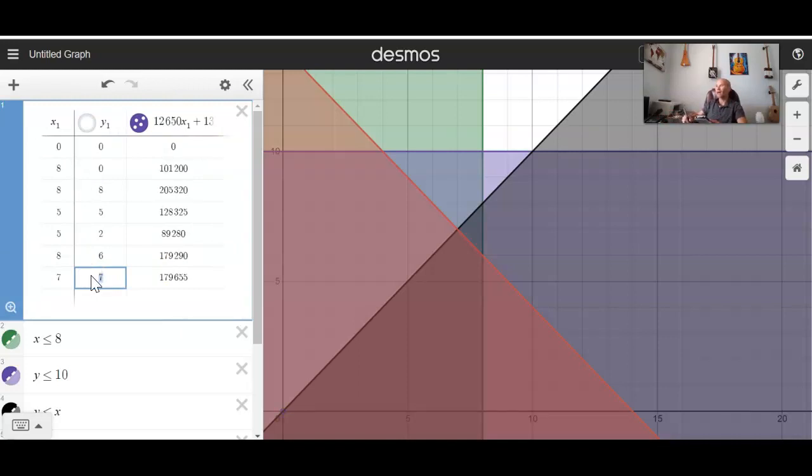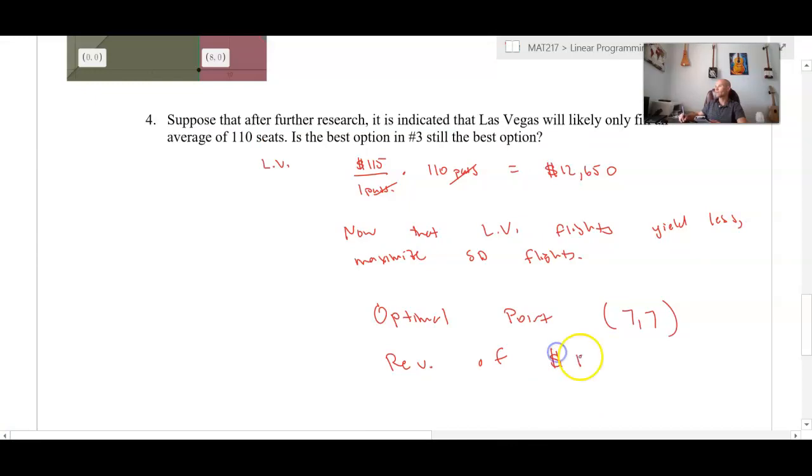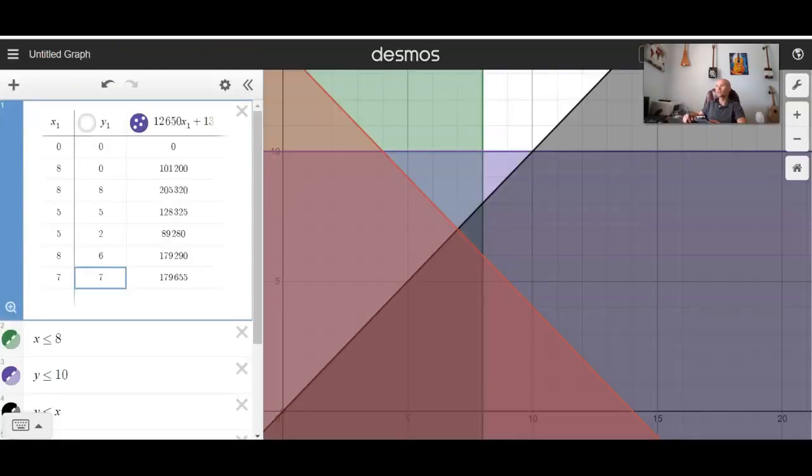It's a little, not a lot better, but it's a little bit better to have more San Diego flights than we did in the previous solution. So it's going to give us $179,655 instead of $179,290. And I think that was $655.